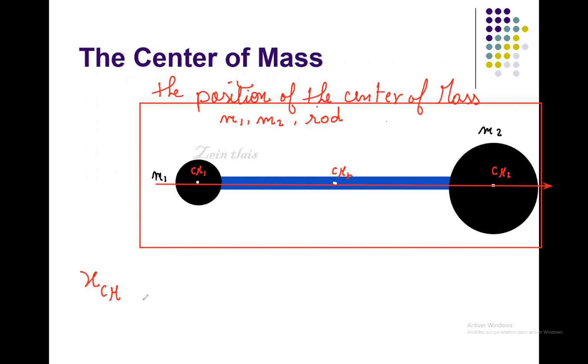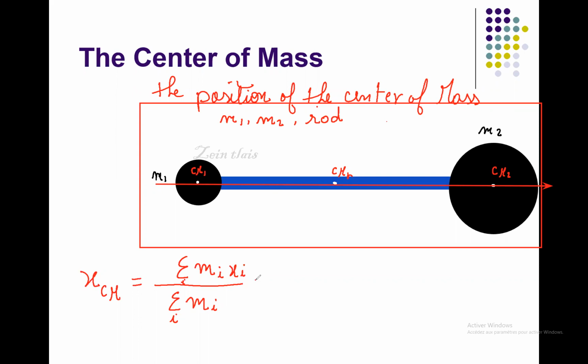In general, it equals the summation of m_i x_i divided by the summation of m_i.